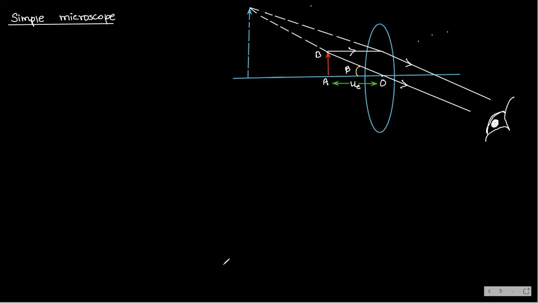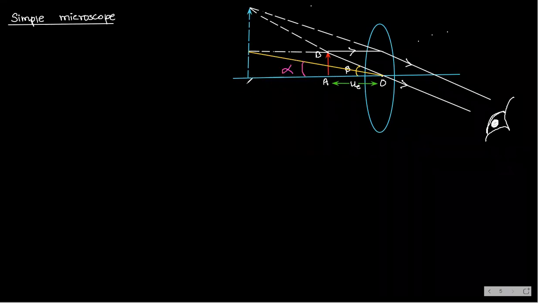Whatever angle it is making with the object, I am drawing one dotted line here like this. This angle is alpha.